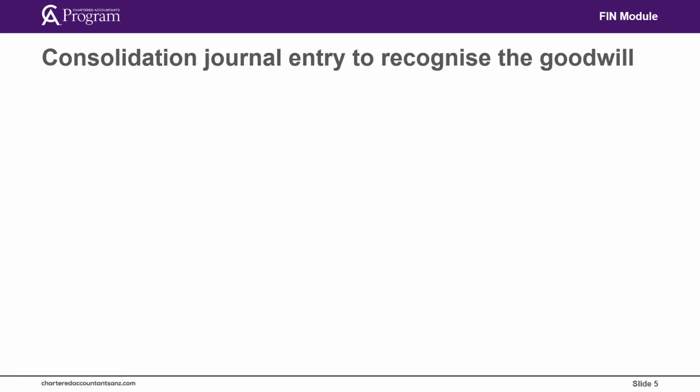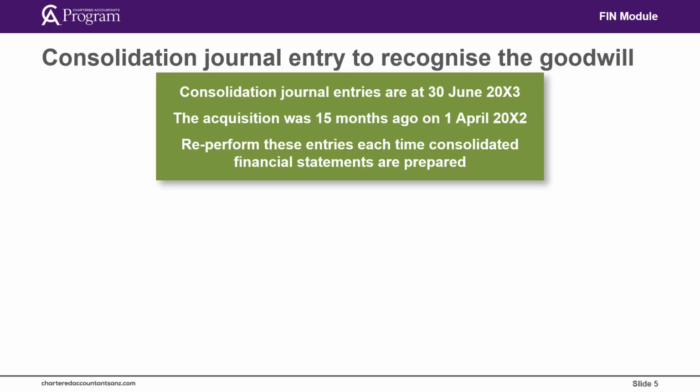The first consolidation entry that we are recording is to recognise the goodwill asset. Stark's acquisition of TBS was 15 months ago, but we're doing the consolidation at 30 June 20x3. Every time we prepare consolidated financial statements, we have to repeat a number of journal entries to reflect acquisition date fair value adjustments and the recognition of goodwill. This is because our consolidated journal entries do not carry forward.